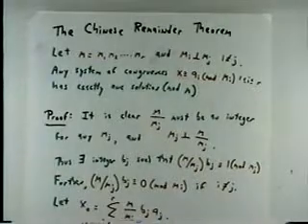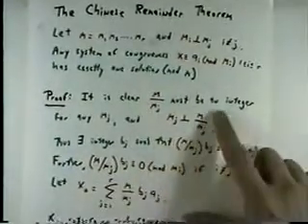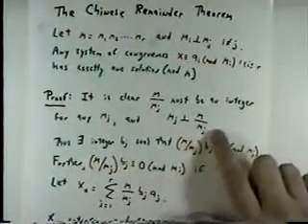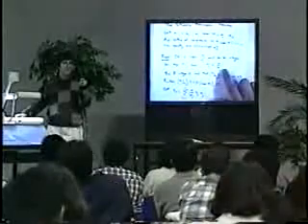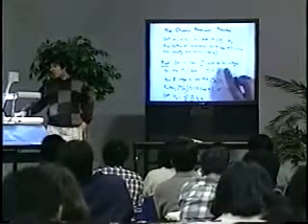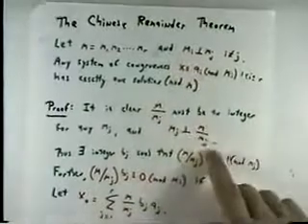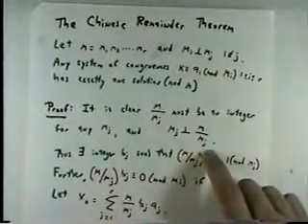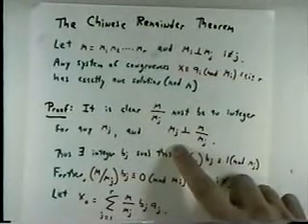And further, m_j is relatively prime to m over m_j. Why is that? Because this is the product of all the other moduli except m_j, correct? And each one of these is relatively prime to m_j.